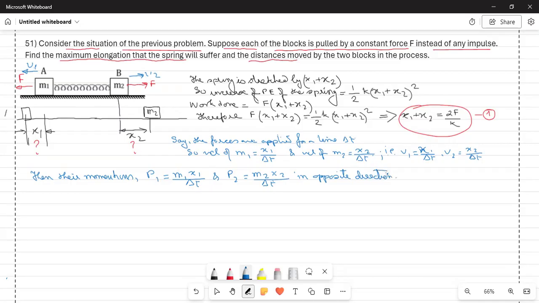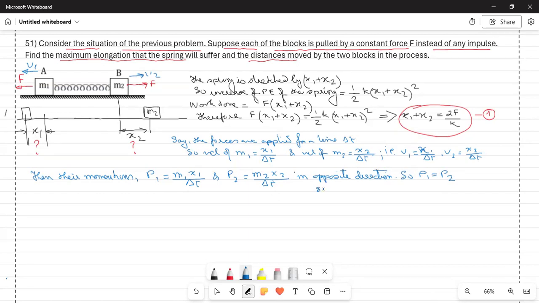If that is so, then P1 and P2 will be the same. In fact, by looking at the system, you can say P1 is equal to P2. But to remember the matter, maybe you can note down these steps. P1 is equal to P2.